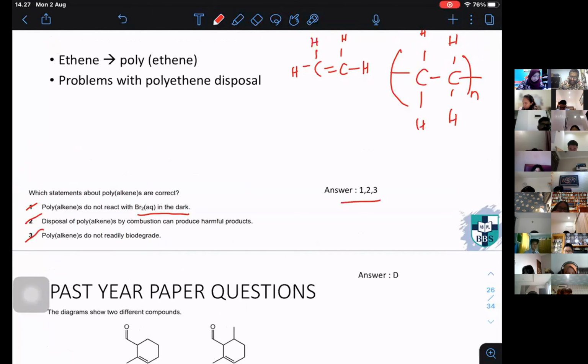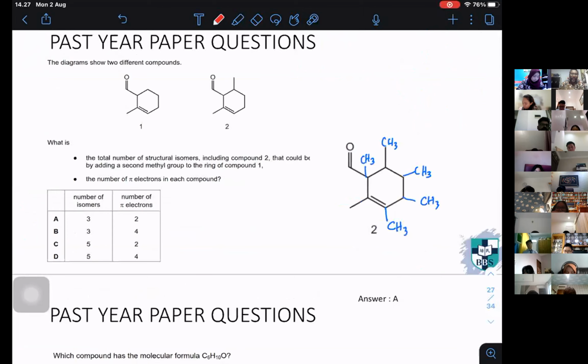And other examples you can see here, you can go through all this. They ask you how many isomers and how many pi electrons there are. The CH3 can come over here, can come over here, and so on. So there are 5 combinations. And then the number of pi electrons.